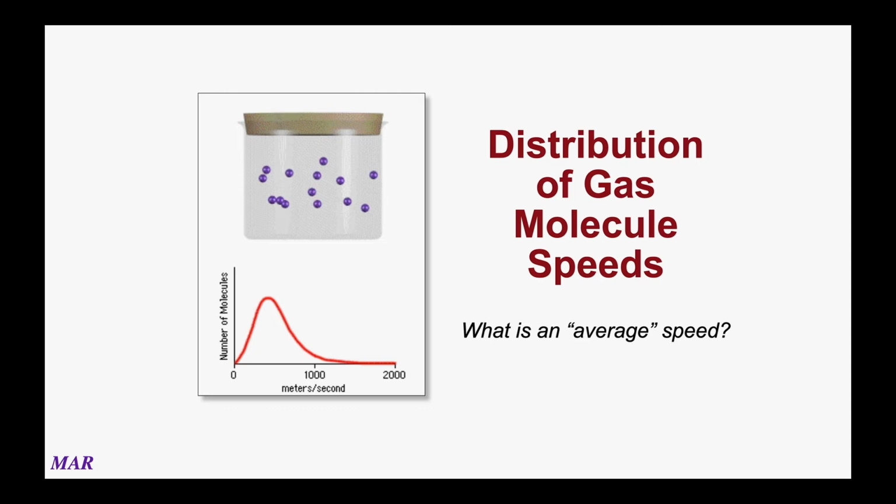And what scientists use when we talk about the KMT and how it applies to gases, we usually think in terms of an average speed. Like, what are most of the gases traveling at? What is their velocity in meters per second? Something like that. There will be gases that are slower. There will be some that are higher. But again, there's going to be some kind of average.